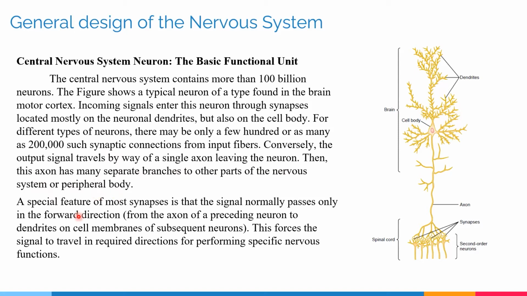A special feature of most synapses is that the signal normally passes only in the forward direction, that is, from the axon of a preceding neuron to dendrites on the cell membrane of the subsequent neuron. That is, in the diagram, the direction will be from upwards to downwards. This forces the signals to travel in required directions for performing specific nervous functions.